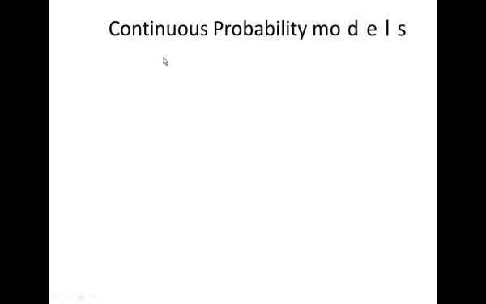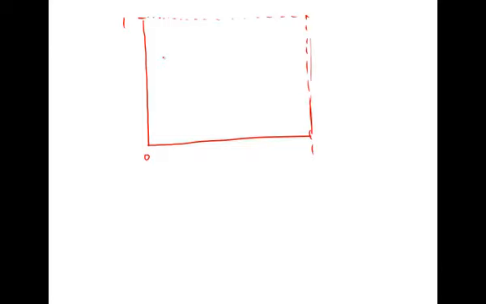We'll create a y-axis, and we'll create an x-axis, where this is 0, and this is 1. So the distribution can be represented by this square. So sometimes it's a square, sometimes it's a rectangle.